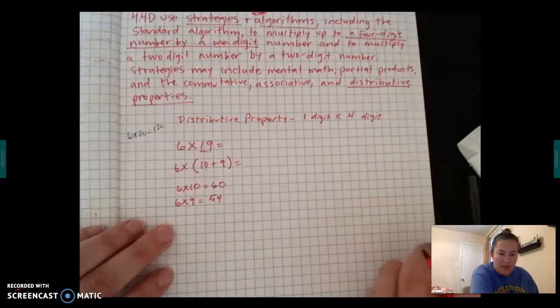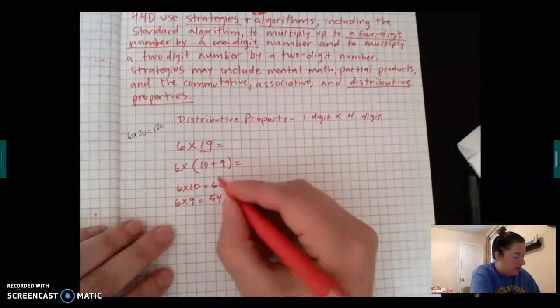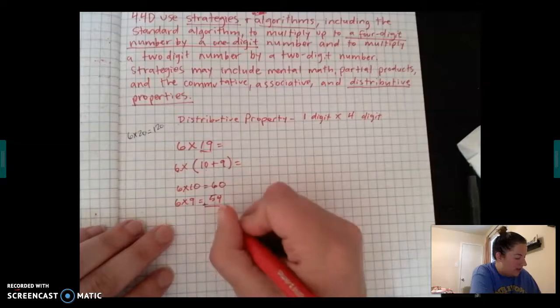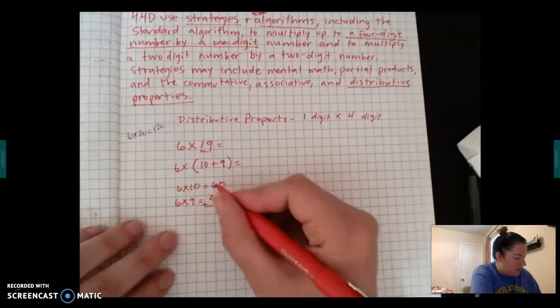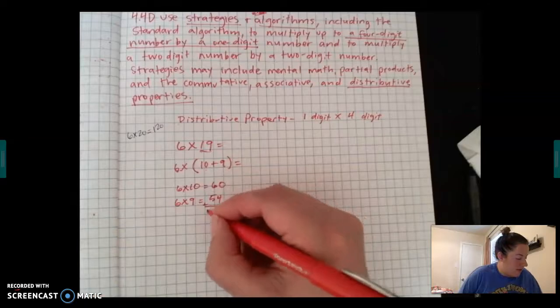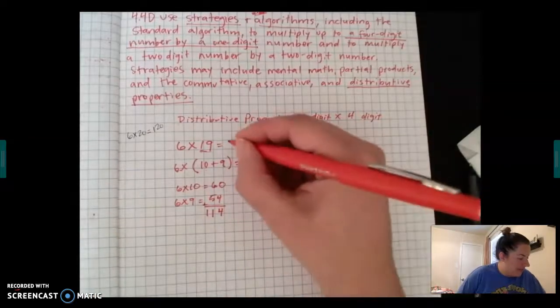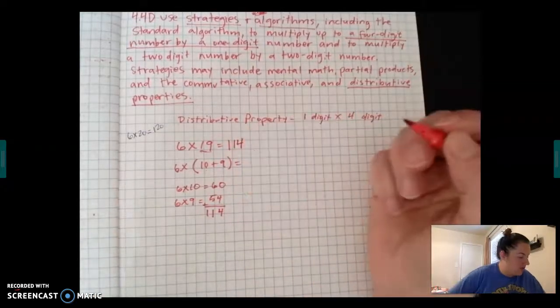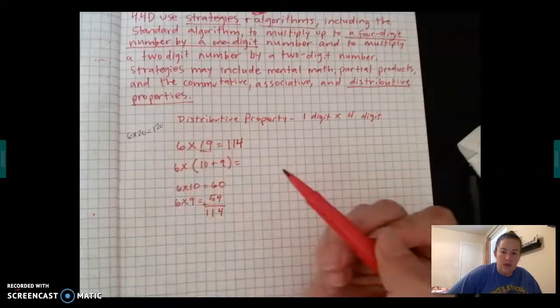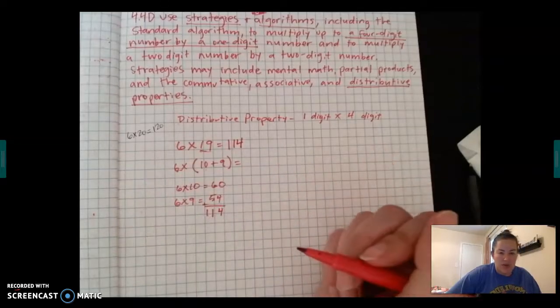Now all you have to do is add those two pieces together. 60 plus 54 is 114. So 6 times 19 is 114, which is close to our estimate of 120. So that's a good way to check.